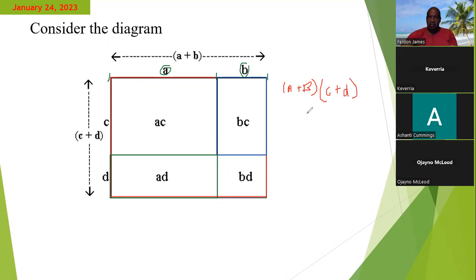All right, now, if we are to multiply this using the distributive property, there are a number of techniques that we can use. But remember, when we were doing the distributive property, if we have A outside the brackets, and then we have B plus C inside the brackets, when we are multiplying that out, we take the A, multiply the B, we get AB.